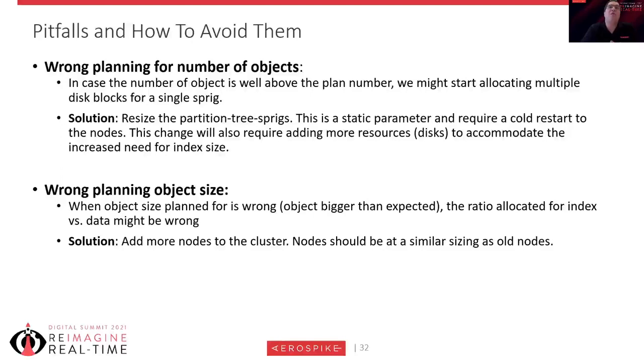Another thing that we often see is the wrong planning of the object size, which means that we might overshoot or undershoot the size of the data partitions. Scaling for that is pretty straightforward. You can add nodes or you can remove nodes as well, as long as you have enough index space whenever you are doing that.